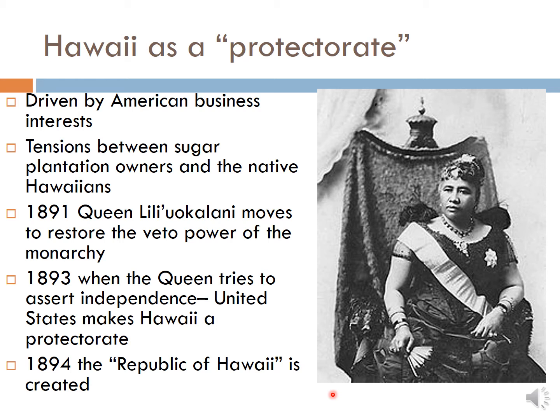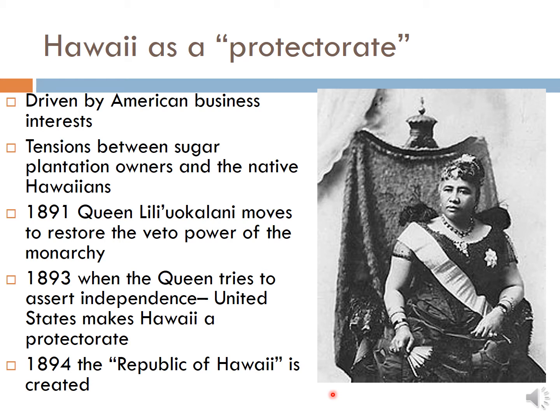And when she does this, the Americans start to panic. And what they do is they basically ignore the fact that she is demanding to have political legitimacy. And in 1893, they turn Hawaii into a U.S. protectorate.